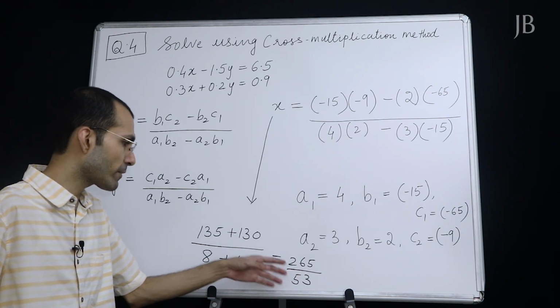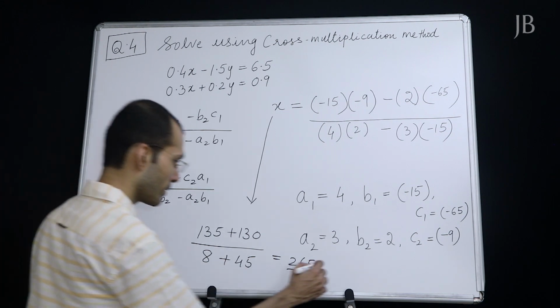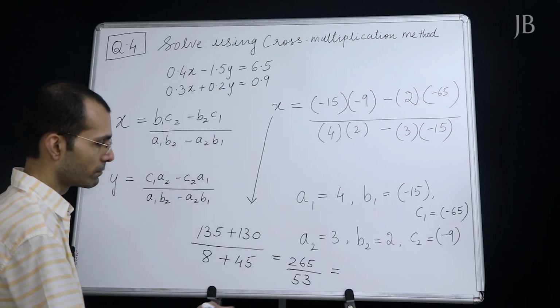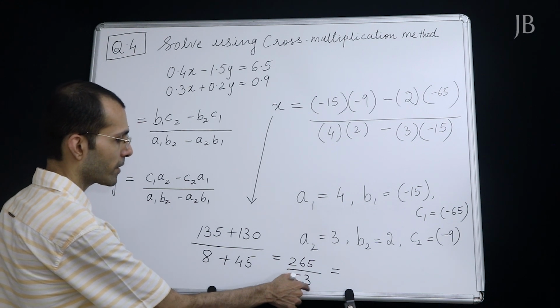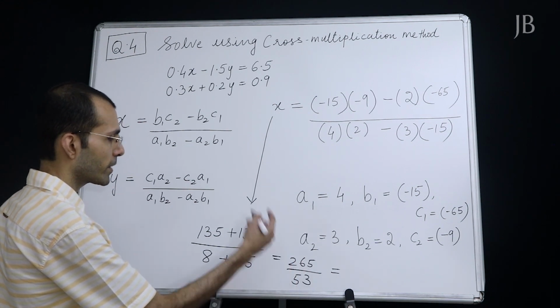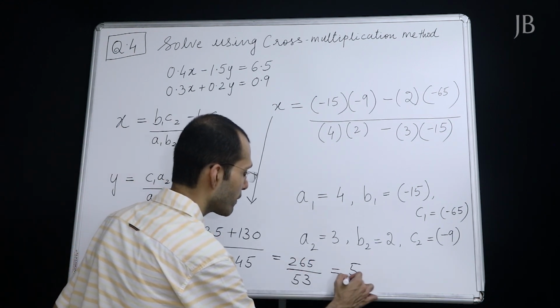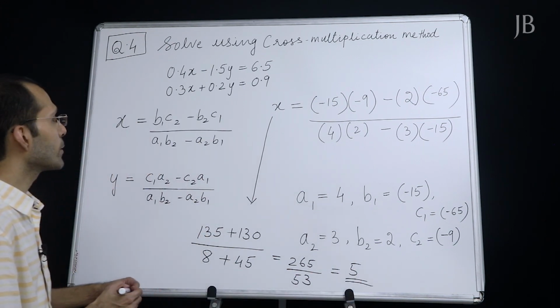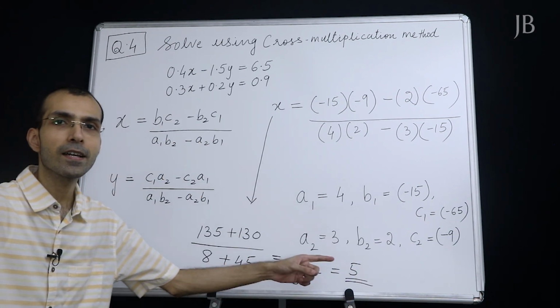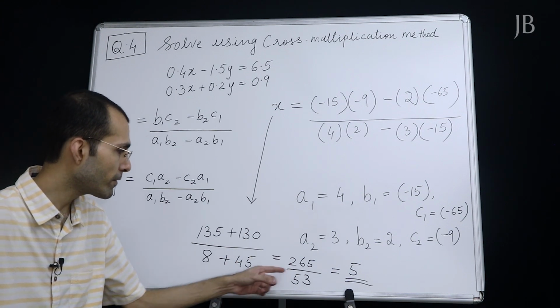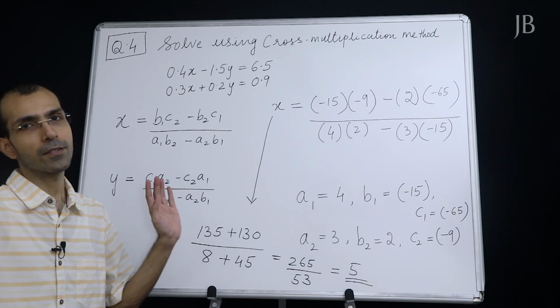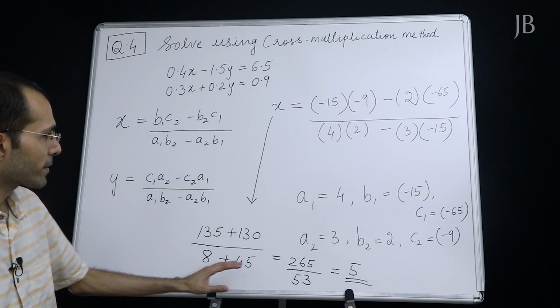Actually divide 265 by 53 and see what it comes to. It is ending in 5, so possibly if I multiply by 5, 5 3s are 15, 25, yes. This gives me exactly 5. So the value of x is 5, 265 upon 53. Comfortable? So x is 5.